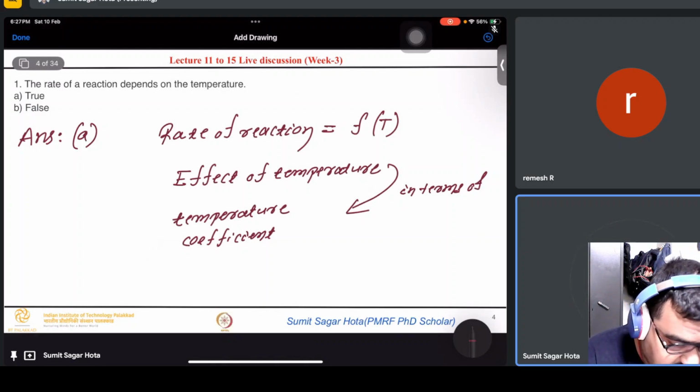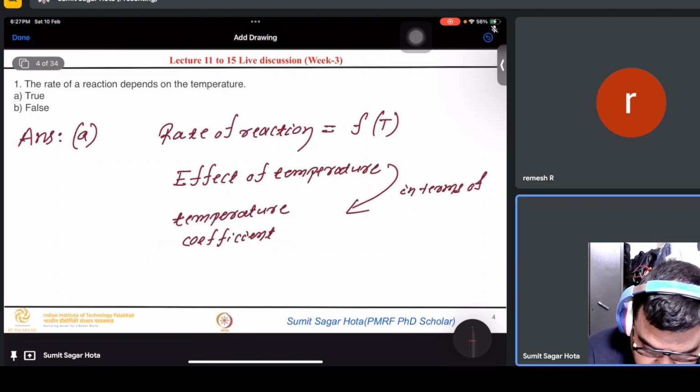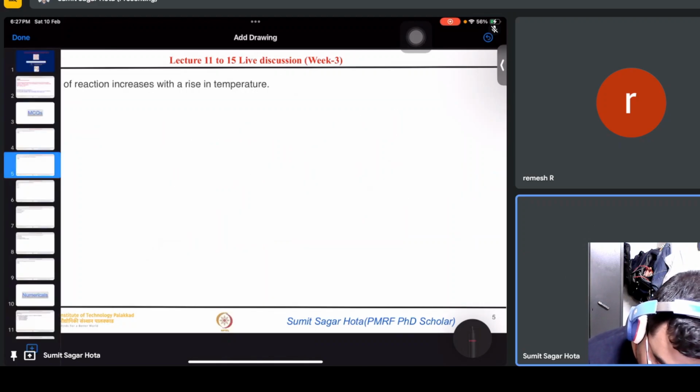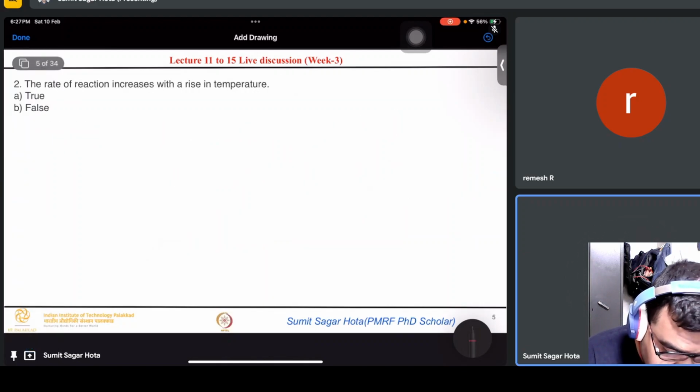Temperature, Cp, and the rate of reaction increases with a rise in temperature. Now we know only the function. The rate of reaction is a function.